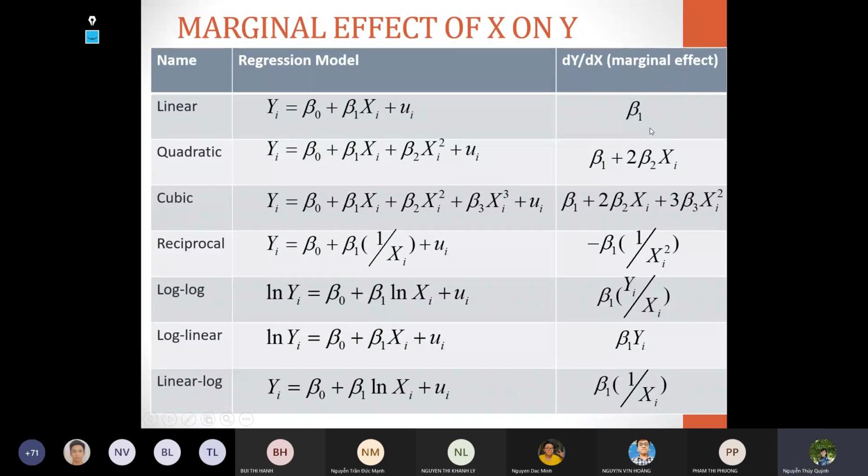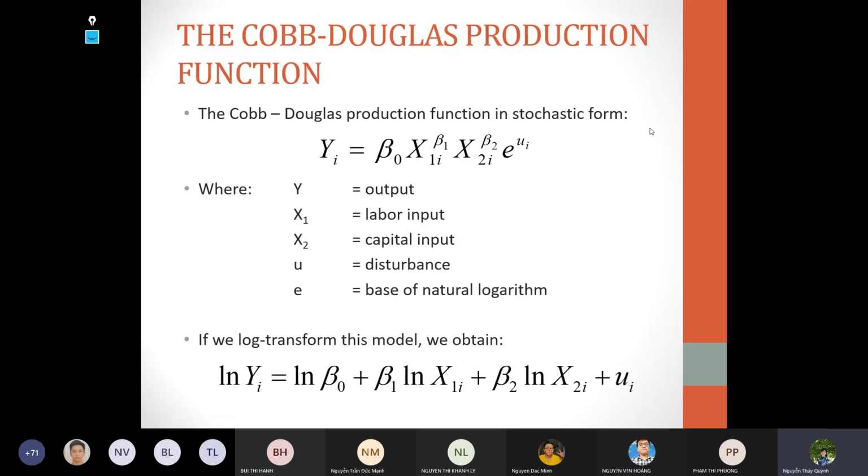Okay, so let's take some examples of our nonlinear functional form. The first one, let's talk about the Cobb-Douglas function in microeconomics.